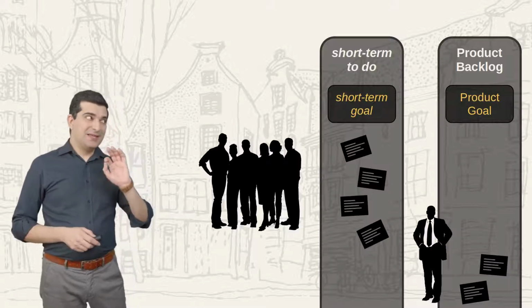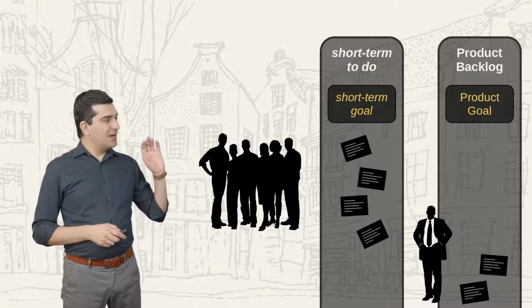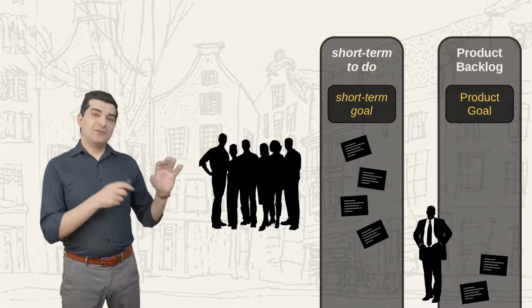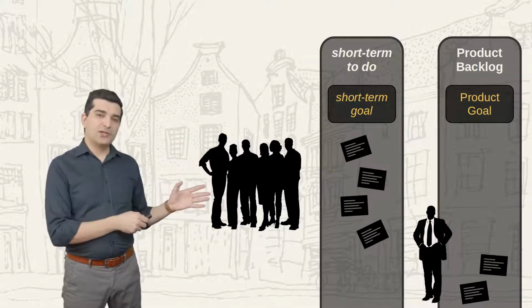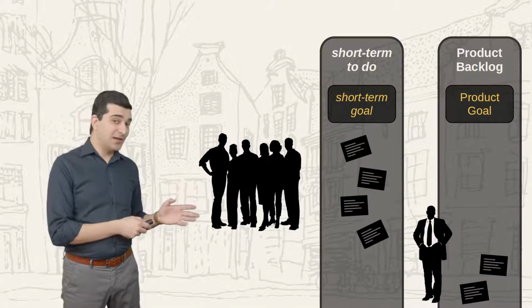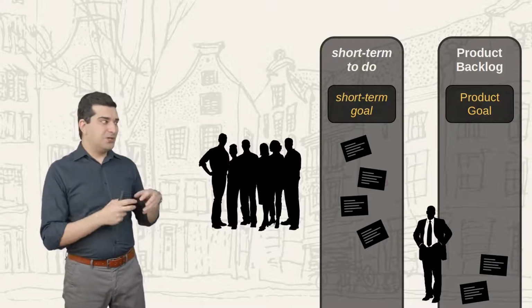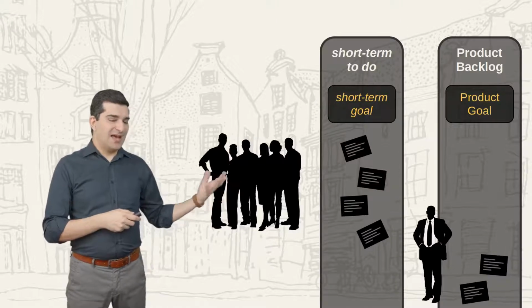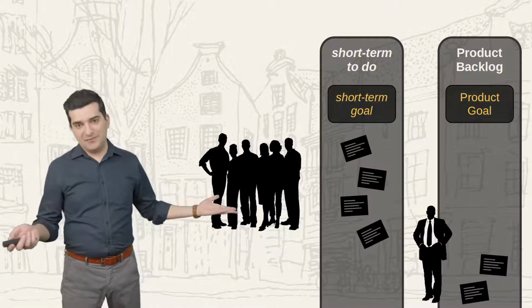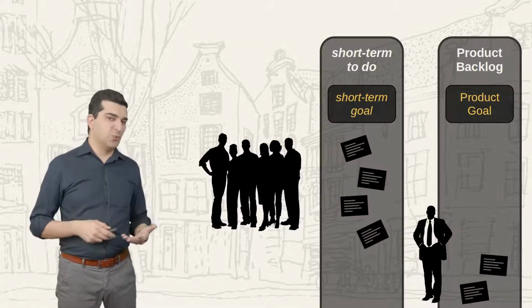Now, there's something here that can be very helpful. With the same reasoning that we need to have a product goal, we can also have a short-term goal here. That really helps. That's a short-term, small goal that brings us closer to the main product goal. And during the week, for example, if it's a week, my to-do list is weekly, but in the project, it's usually more than a week.